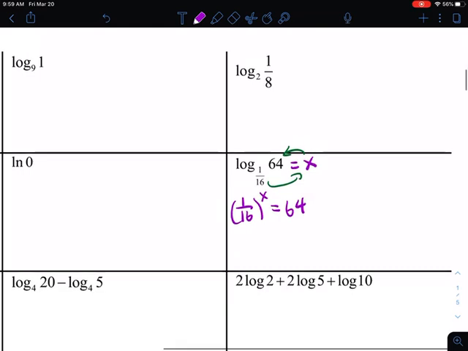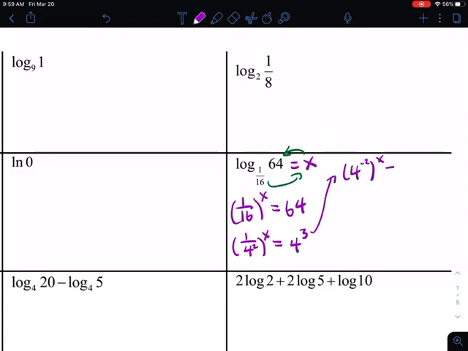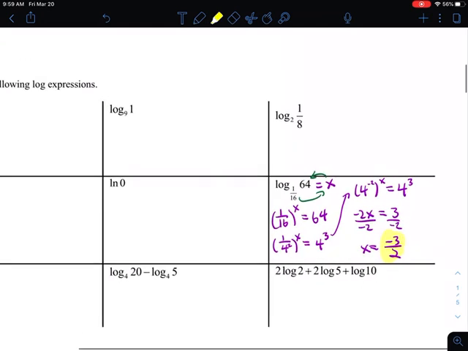Now you want to change them to the same base. 1/16 is 1 over 4 squared. Here we can use base 4. So then I get 4 to the negative 2, to the x, is 4 cubed. Then I can set up an equation, dividing by negative 2. So I get x is negative 3 over 2.